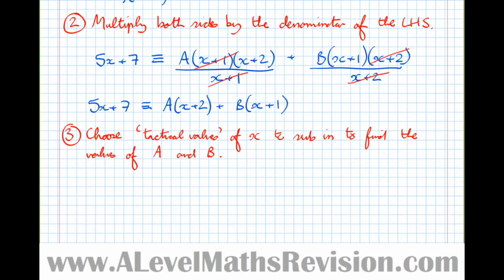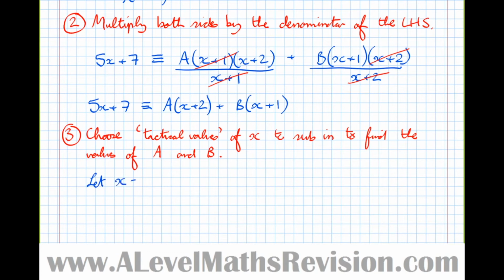We can solve those and find A and B, but there's actually easy values of x that you can sub in. For example, here, if I sub in x equals minus 2, then you'll notice that this bracket becomes 0 and the A disappears, allowing us to calculate what B is. So that's what I'm going to do now.